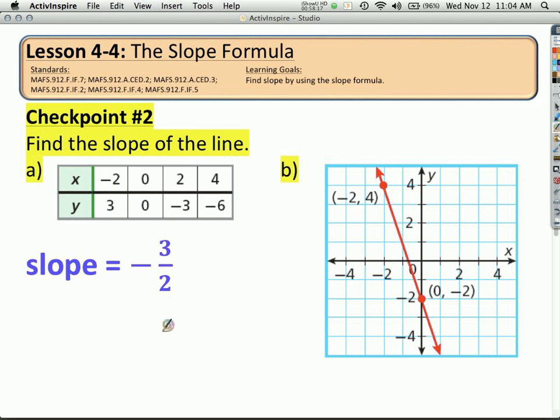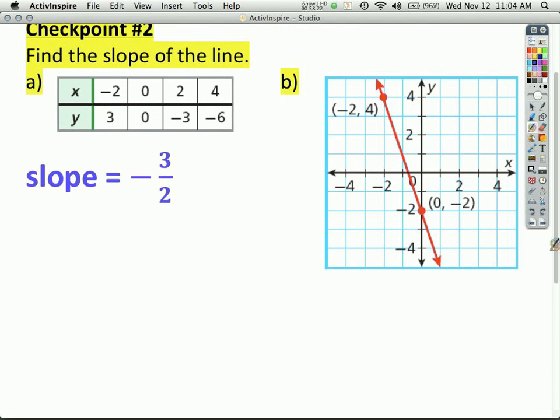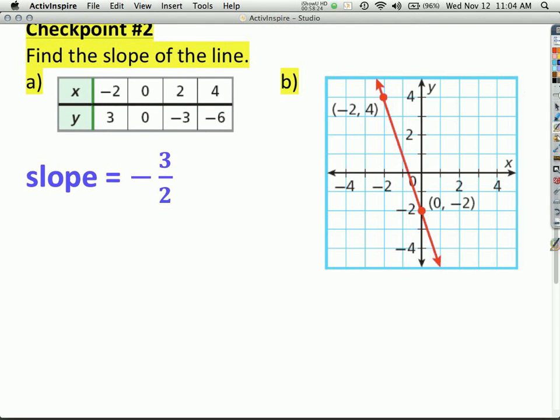Okay, part B. What do we get as the slope? Let's see if we can make some people uncomfortable. All right, I got number 15, number 18, and number 12. Number 15, what'd you get? Okay, number 18.